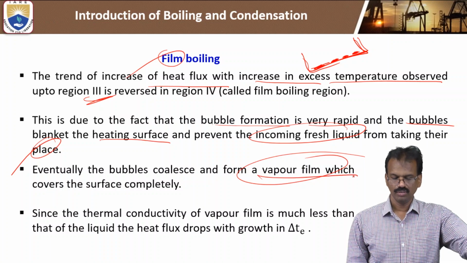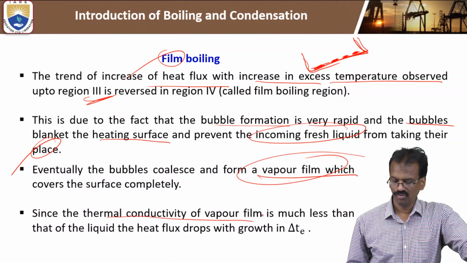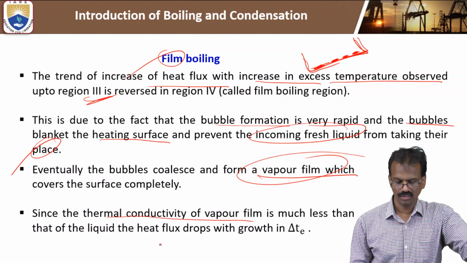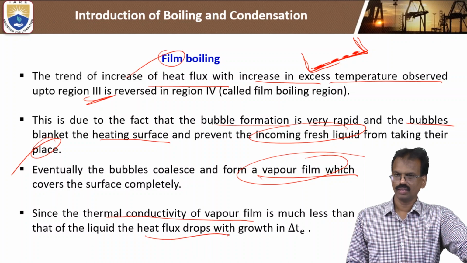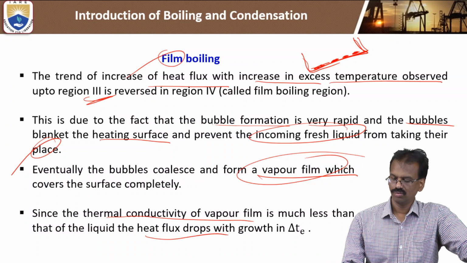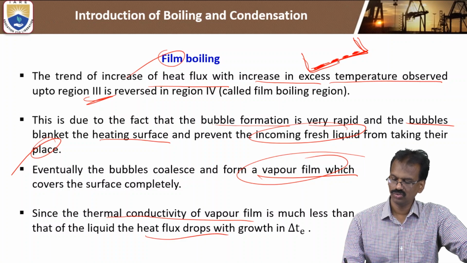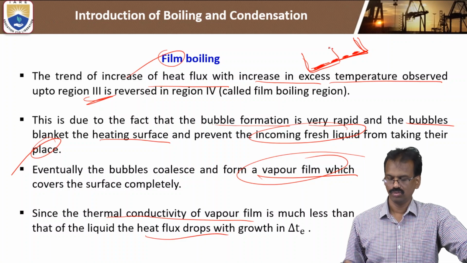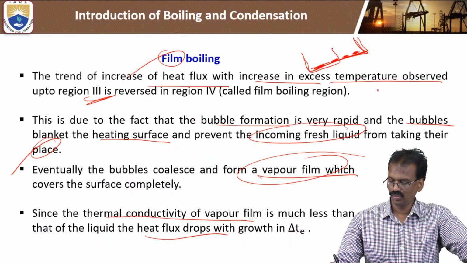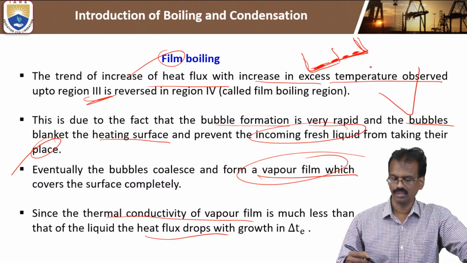Since the thermal conductivity of the vapor film is much less than that of the liquid, these vapor pockets resist the heat transfer rate from the solid to the liquid. So the heat flux curve decreases in this condition.